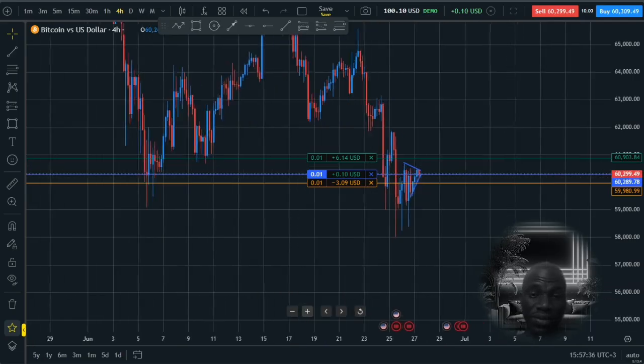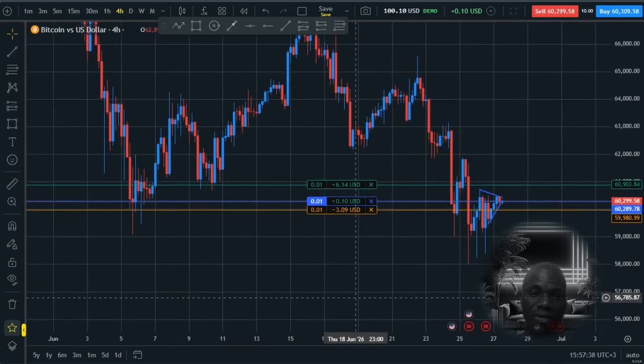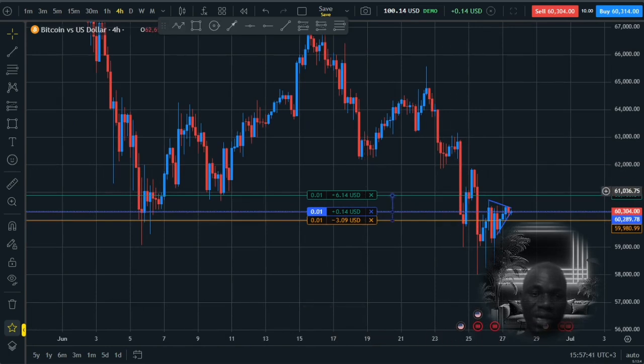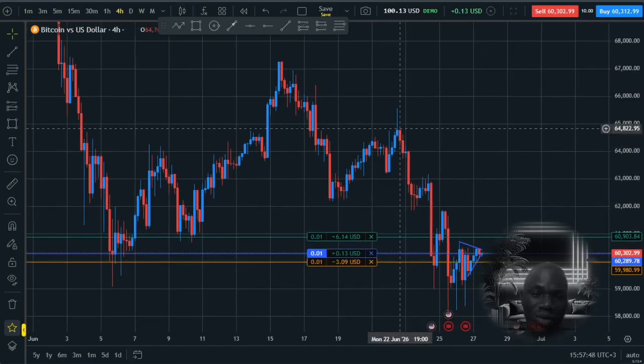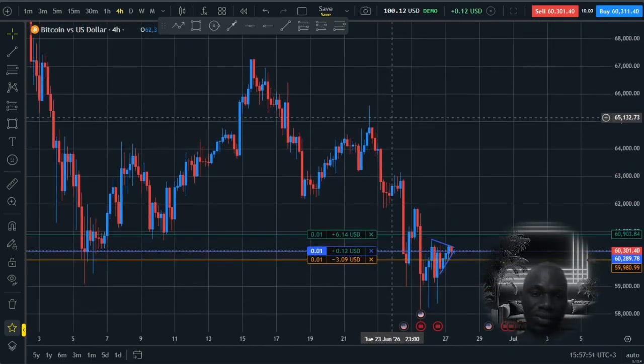If you check on the 4-hour time frame, you can see that the market has a lot more to do, a lot of work to do around up here.